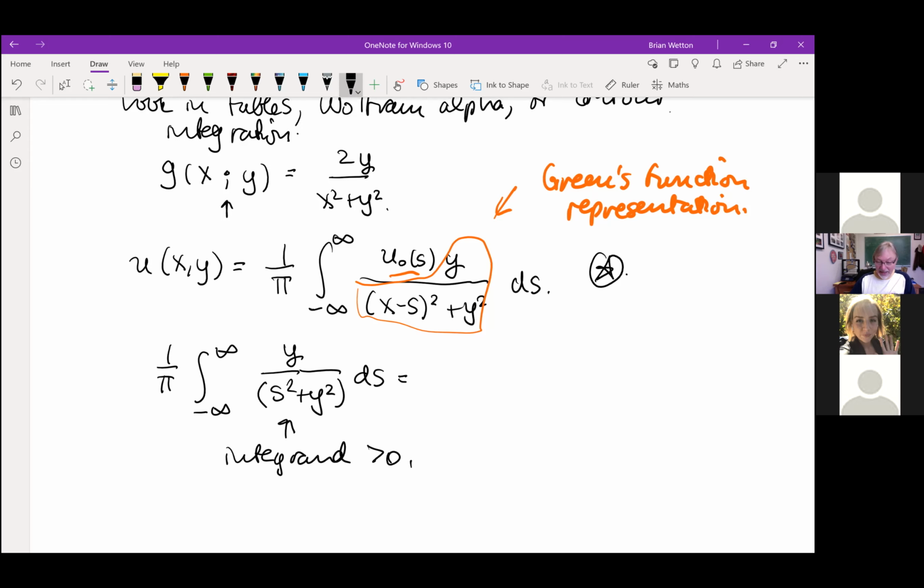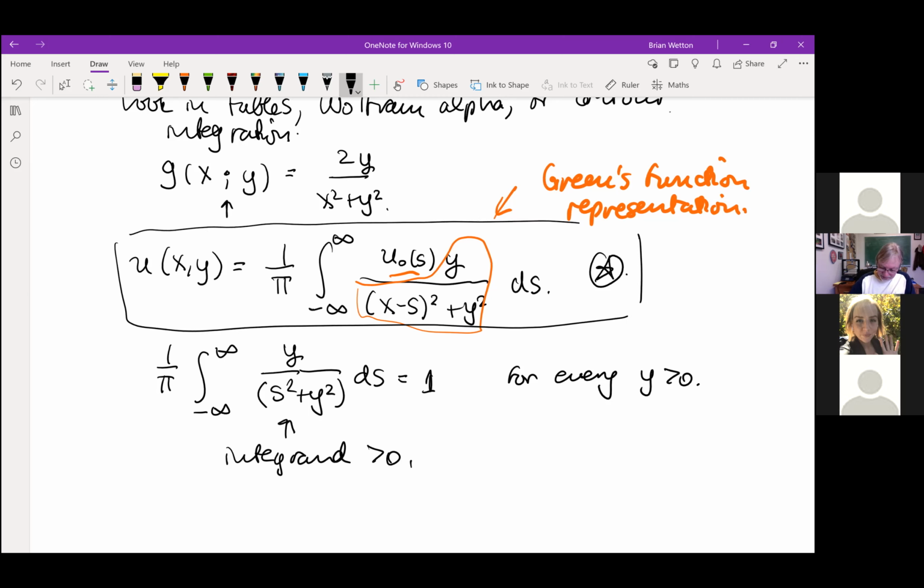And again, you can do contour integration or Wolfram Alpha, look it up in tables, and you get that this integral is 1 for every positive y, right? And so this thing here is really showing that the solution is a weighted average of the boundary conditions, right?